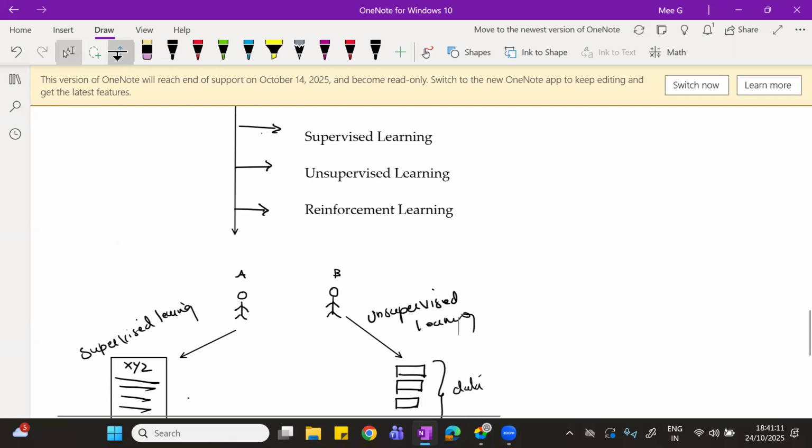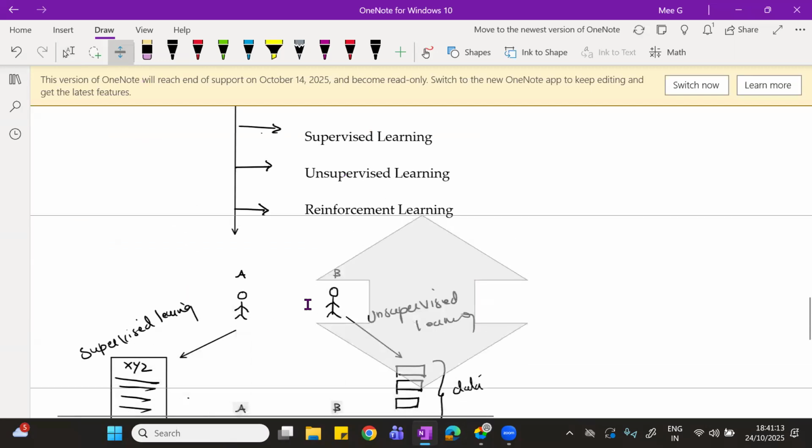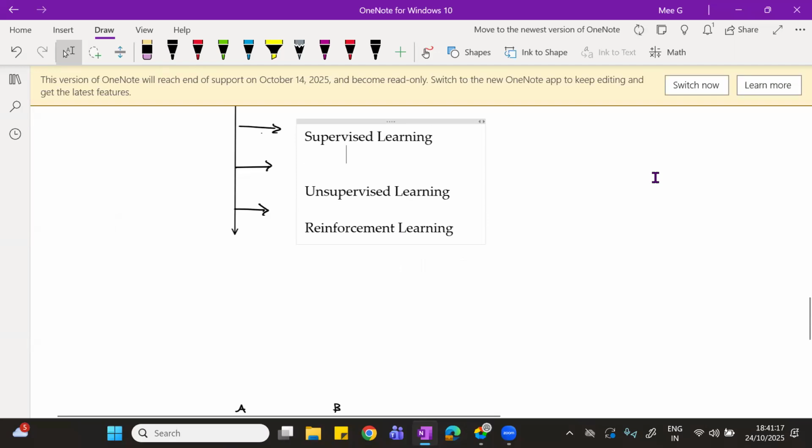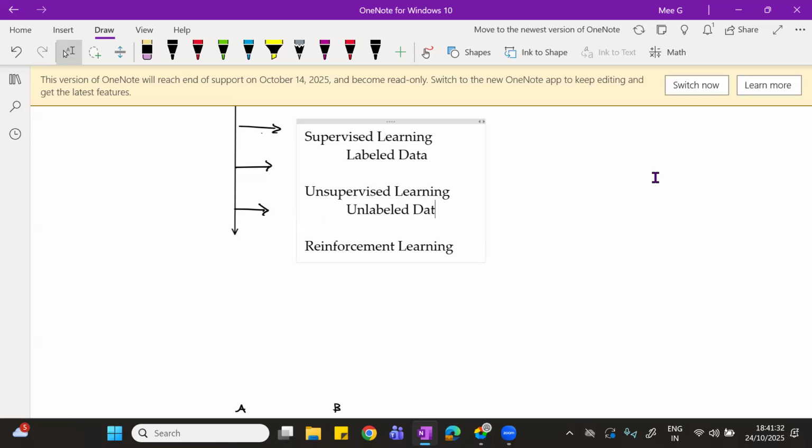Now, in terms of data, supervised learning is nothing but you are dealing with labeled data. Unsupervised learning is going to deal with unlabeled data. And the third one, reinforcement learning, has no data.